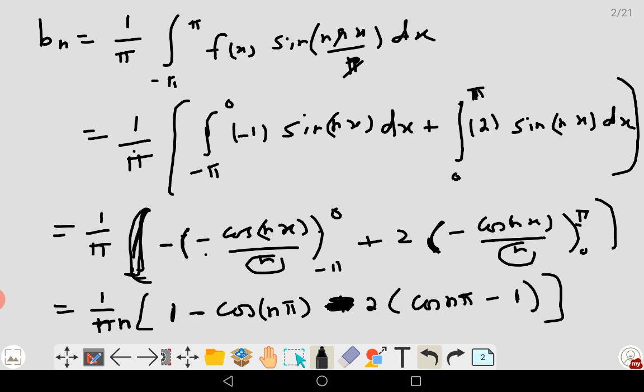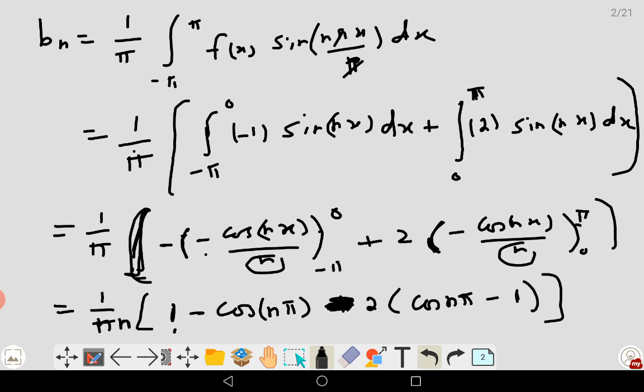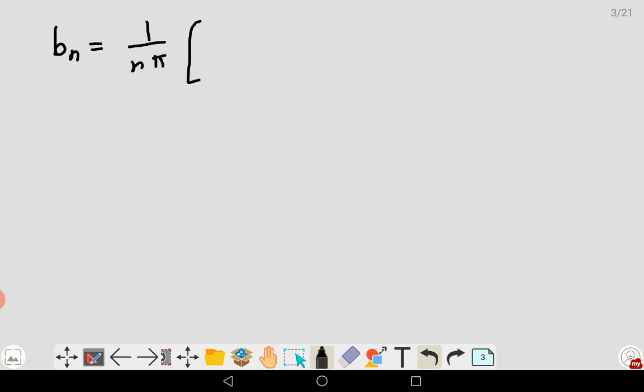Okay, now simplify further, you get bn is equal to 1 over n pi. This term is 1 minus cosine n pi. Remember, cosine n pi is minus 1 to the power n.